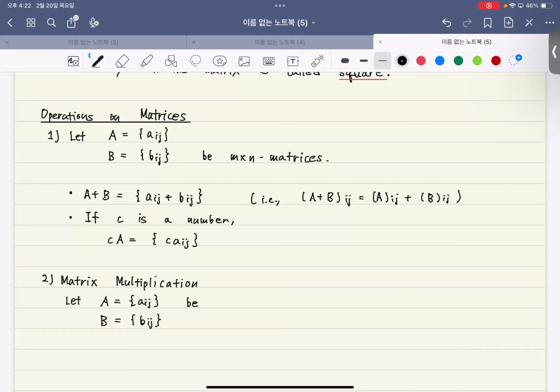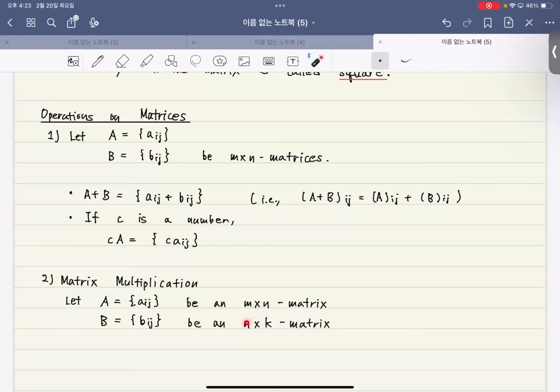The first matrix has m by n dimension, and the second matrix is an n by k matrix. The point is the number of columns of the first matrix must be the same as the number of rows of the second matrix.